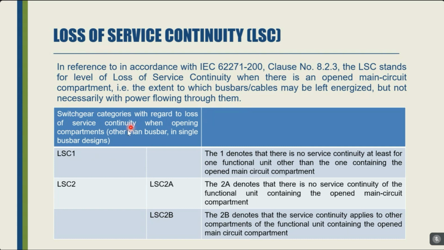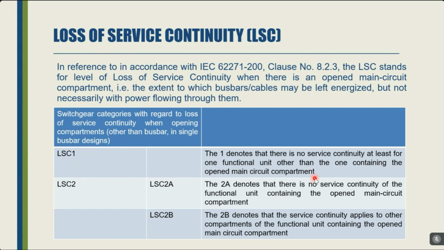Okay, so there are two types, my mistake, of loss of service continuity defined in the IEC standard. First is LSC1 and second is LSC2. LSC2 is further subdivided into LSC2A and 2B. So let us see what LSC1 is. The 1 denotes that there is no service continuity for at least one functional unit other than the one containing the opened main circuit compartment.